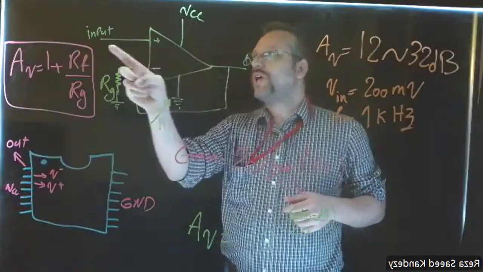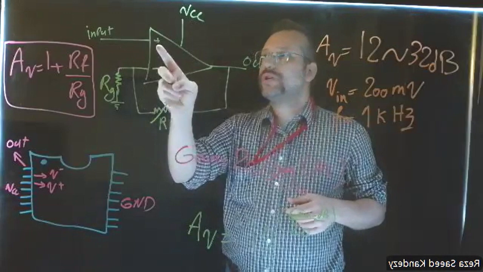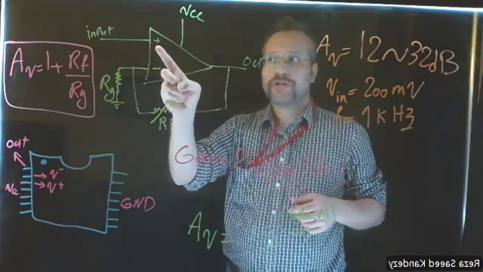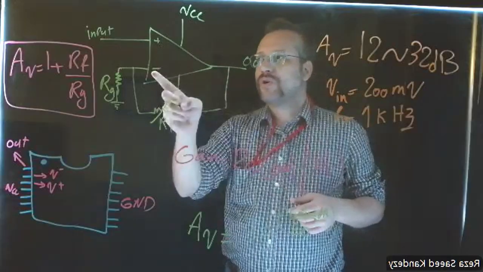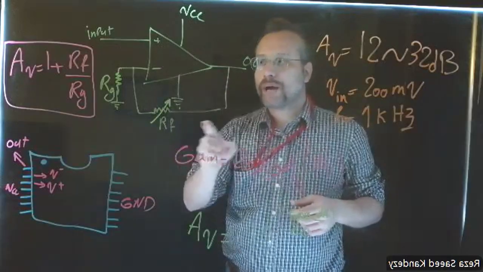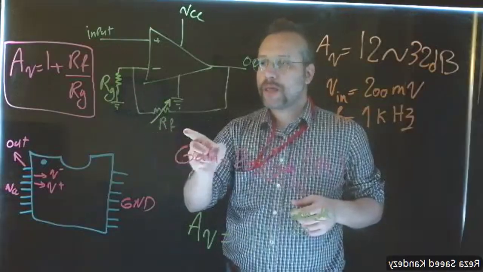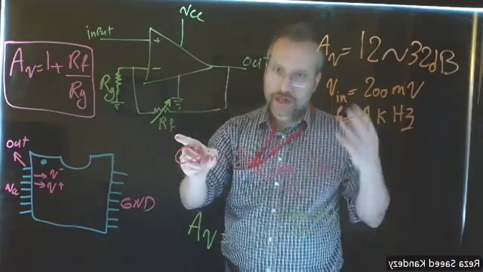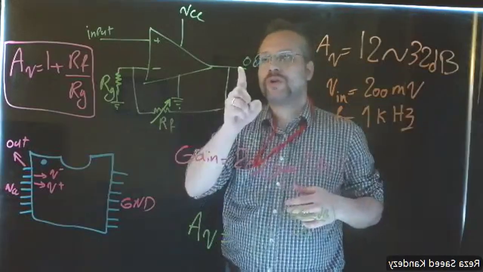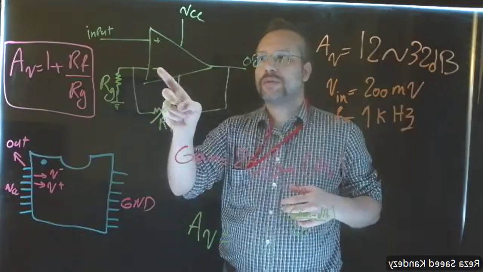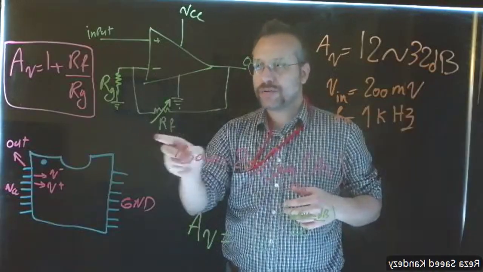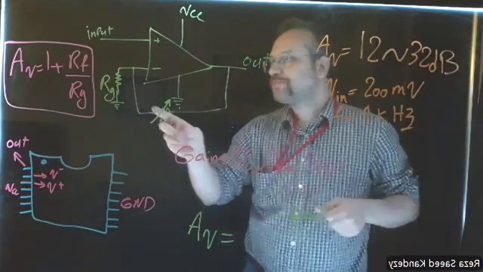We are going to inject the input to the non-inverting terminal, the positive one, and we are going to feed the output back to the inverting terminal, the negative one, through a potentiometer, an adjustable resistor.